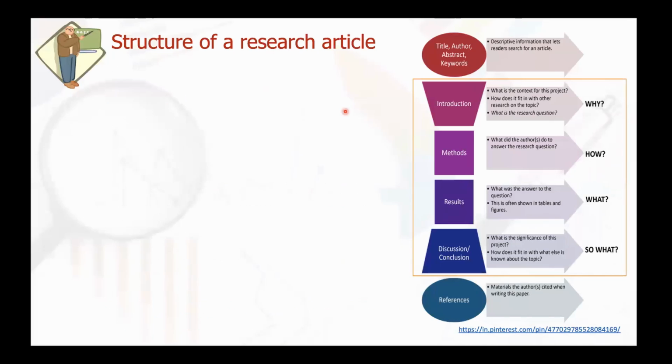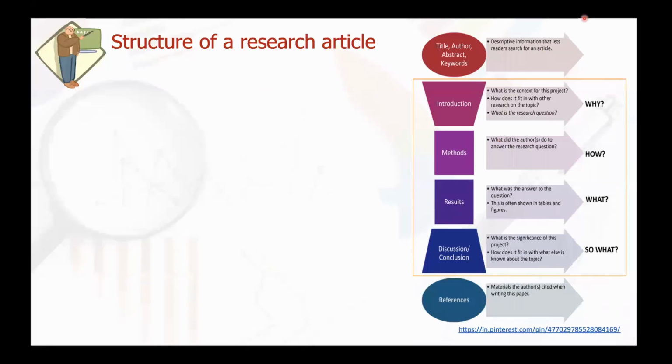This is the structure of a research article: there will be the title, author, abstract, and keywords. Then the introduction, then methods, results, discussion and conclusion, and references. These are the things which are required.